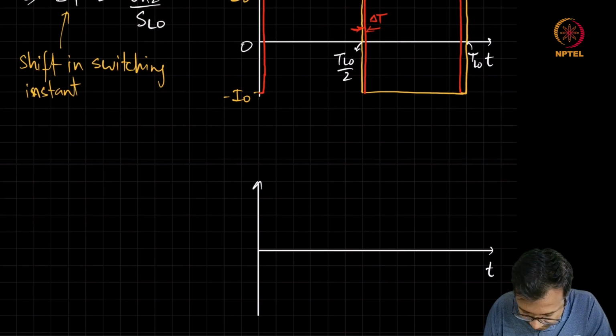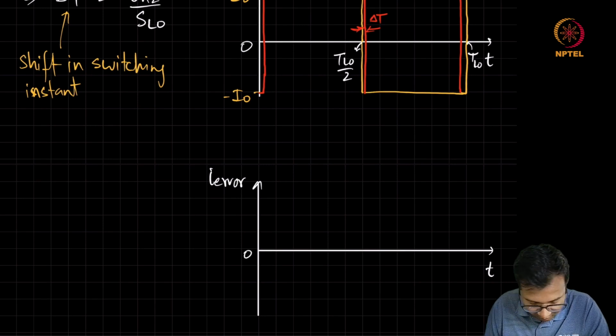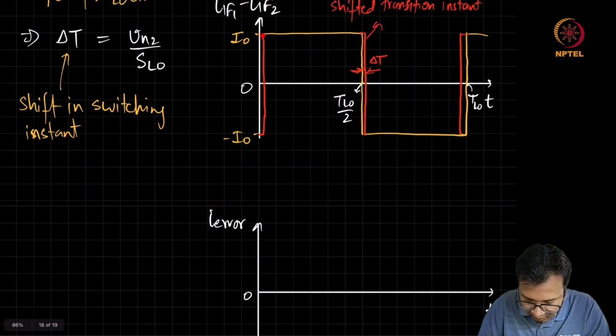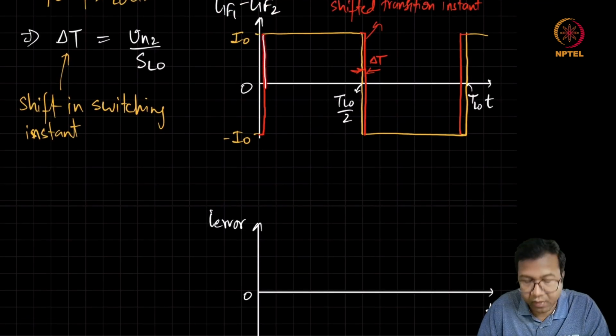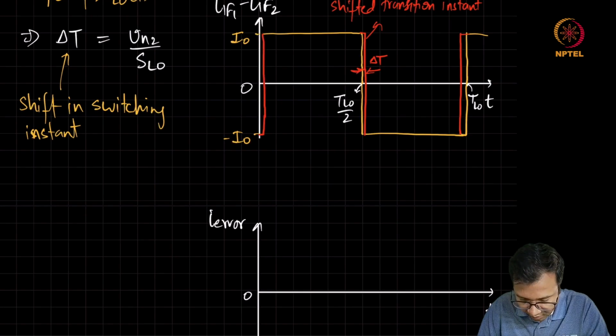So we can draw these error pulses. For example, in this case, this transition happened before the desired instant.